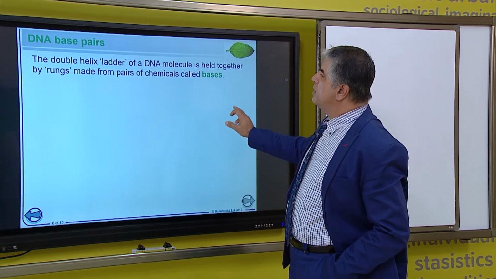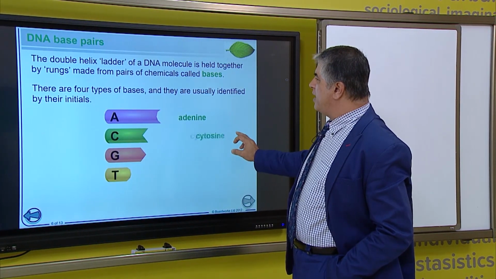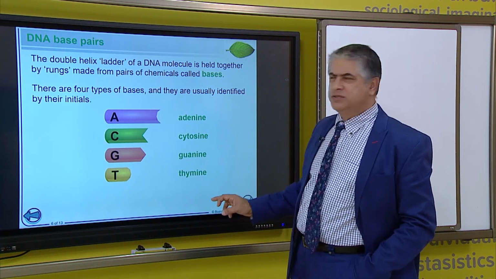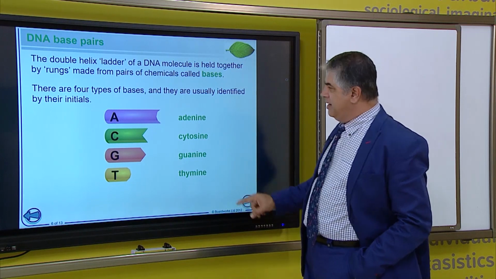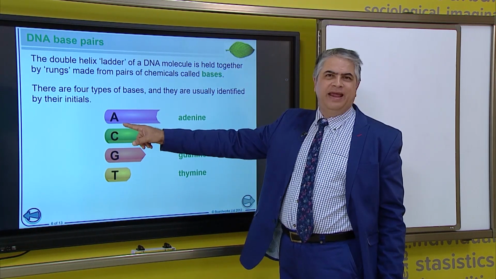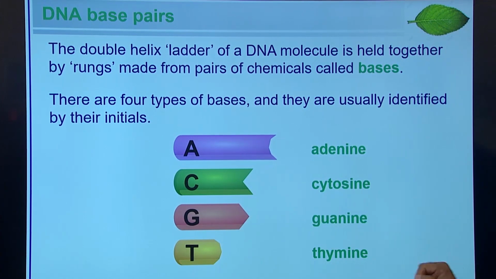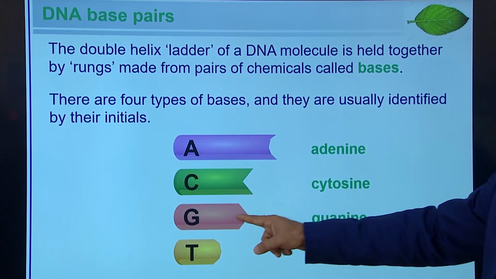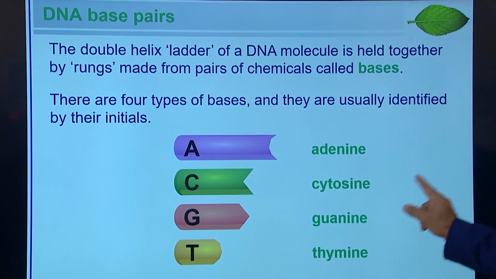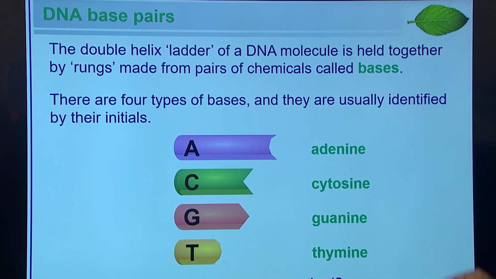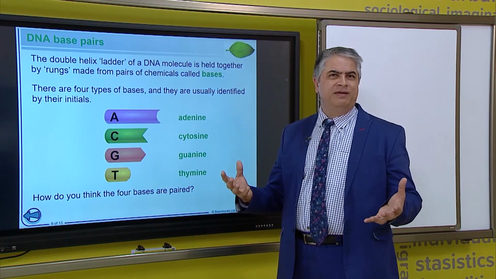Right. We spoke about this double helix ladder. So what are these base pairs called? One is called adenine, and it is labeled A. Cytosine is labeled C. Guanine is labeled G. Thymine is labeled T. Now, do you think that they are paired anyhow?